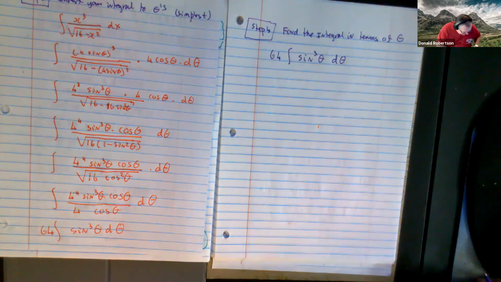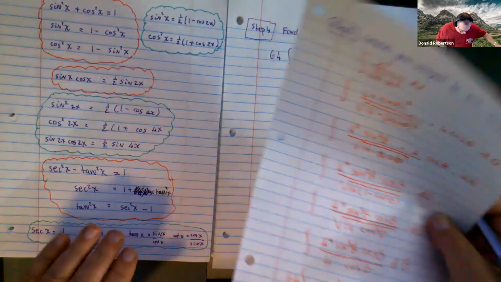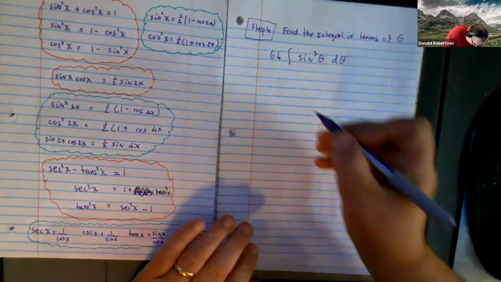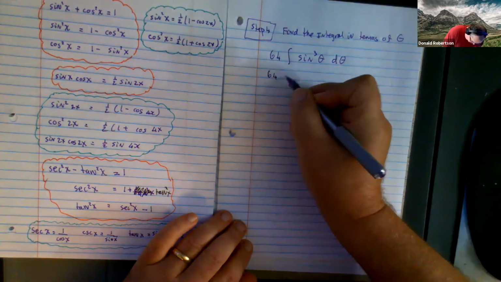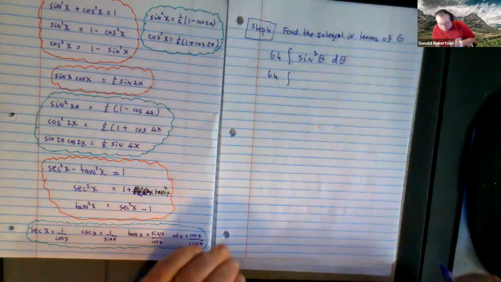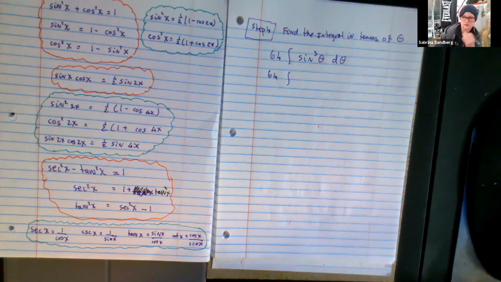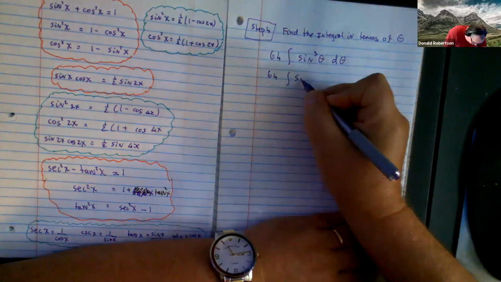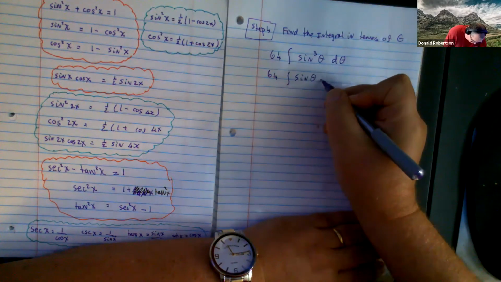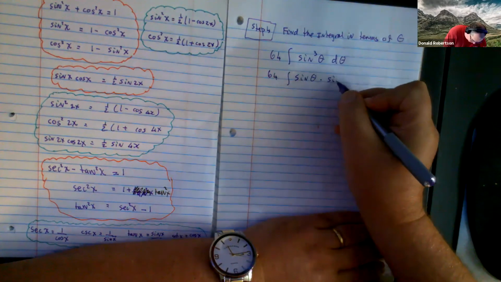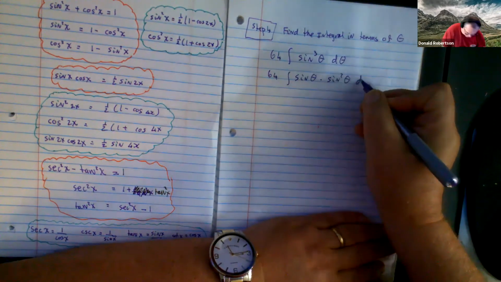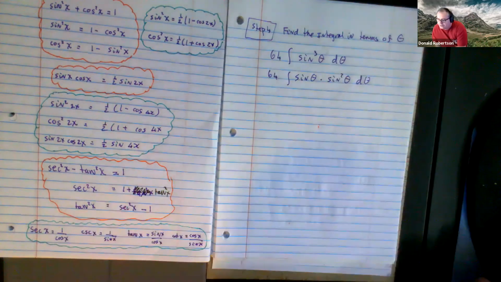Anybody get any ideas what to change sine cubed into that would allow us to integrate this? Sine times sine squared. Agreed. Somewhere on Monday or Tuesday, to be honest, I can never remember these things. Didn't we do a cos cubed or a cos to the 5 or a sine cubed or a sine to the 5? They're only like 4 guys, and that's one of them.